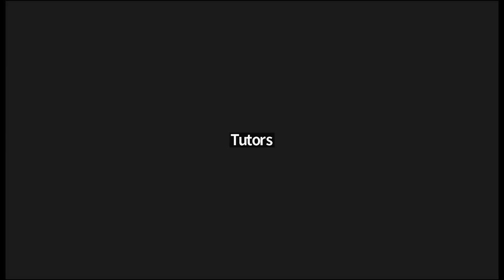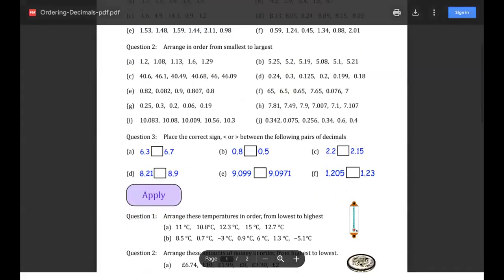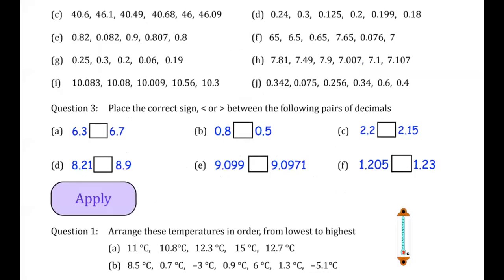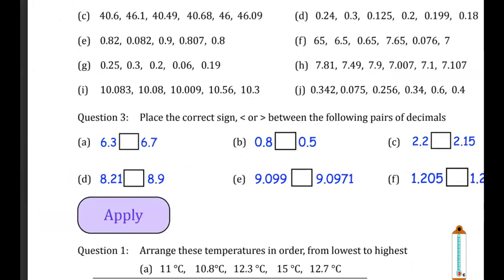Sorry, I just want you guys to try this one again. You can arrange this one from the smallest to the largest.